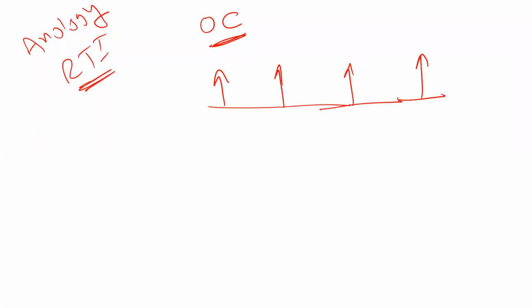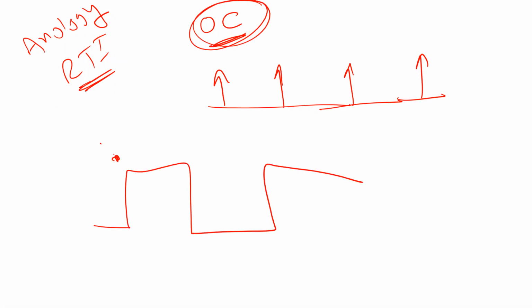Output compare can be used to do the same thing. Because we have one interrupt here, and then I can say next interrupt after 9,000, or whatever. I can also say next interrupt after 9,000 in this interrupt as well. That means if you see how output compare works, you can trigger periodic interrupts as well. Very, very interesting.